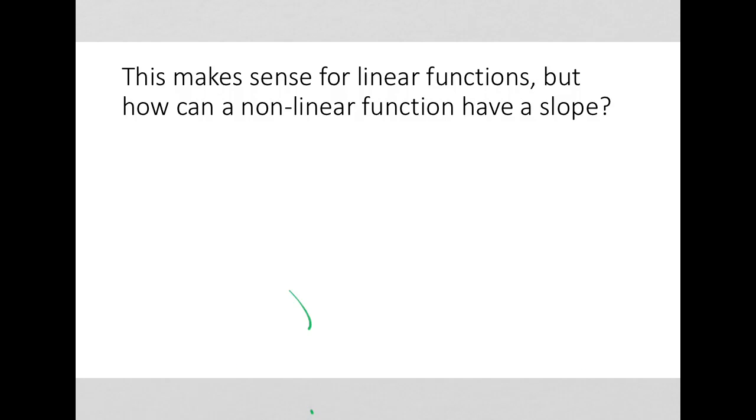So again, I think it makes sense to talk about slope for linear functions, but what if we have something like x squared or x cubed or, I don't know, sine x or any other function that's not a linear function? Well, then how do you talk about slope? Because slope is referring to the coefficient of the x term of a linear function.